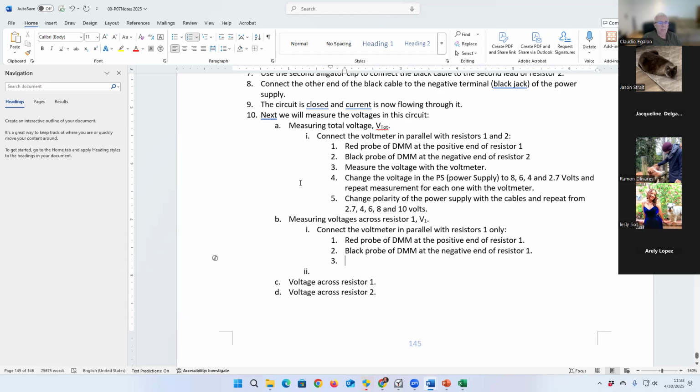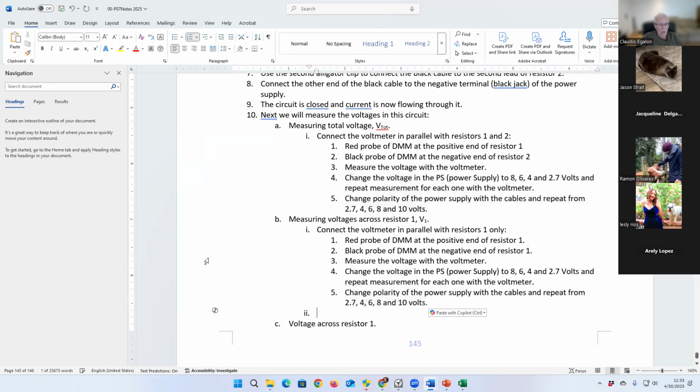Okay? Measure, let's see, we gotta copy that, right? And paste here. Measure the voltage with the voltmeter. Change the voltage in the power supply to 10, 8, 6, 4 and 2.7. And repeat measurement for each one with the voltmeter.